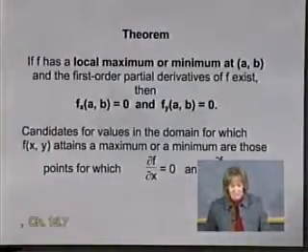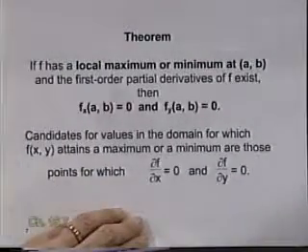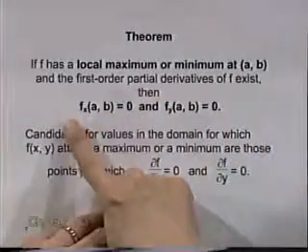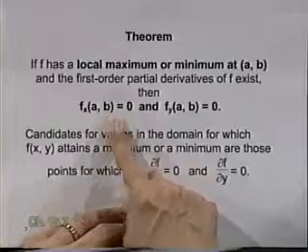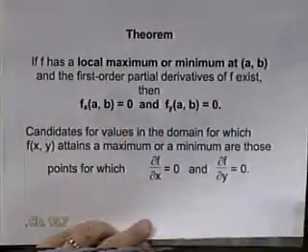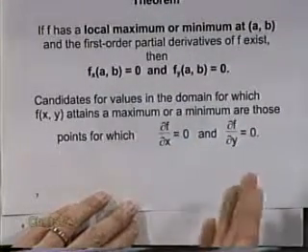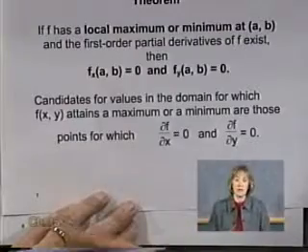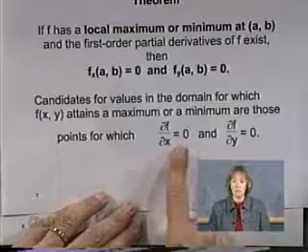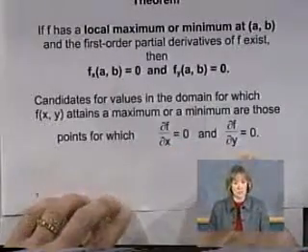It says if f has a local max or min at the point (a, b), and the first-order partial derivatives of f exist, then the partial of f with respect to x must equal 0, and the partial of f with respect to y must equal 0. So if we have a function z equals f(x, y), and we want to find those values for which the function attains a local max or a local min, our candidates are those points for which the partial of f with respect to x is 0, and the partial of f with respect to y is 0.